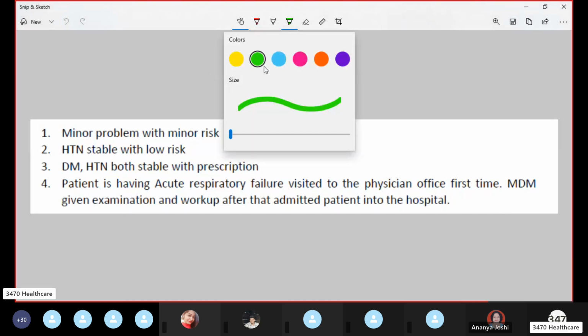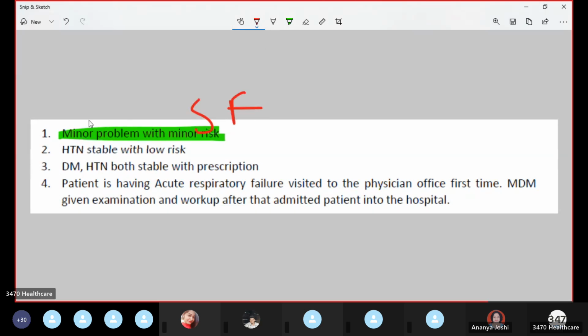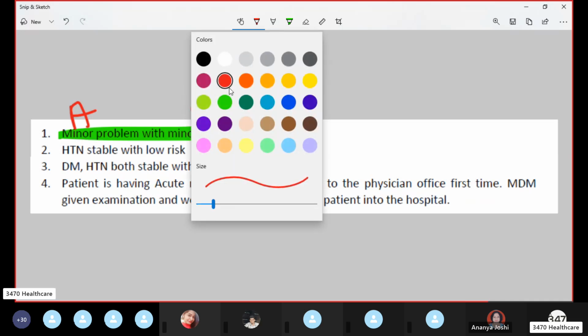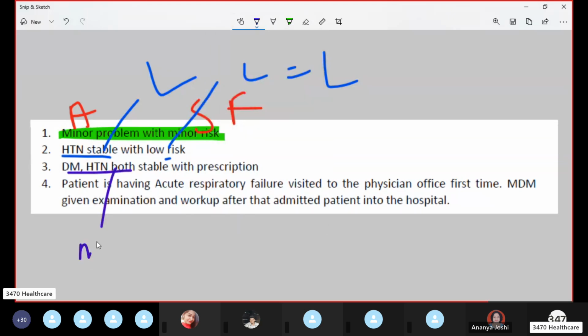Okay. So minor problem with minor risk. It is for straightforward. A table minor, risk table minor, so straightforward. Second question, hypertension stable. It is for low. Risk is low. So low is the MDM. Then DM, hypertension stable, it is for moderate.